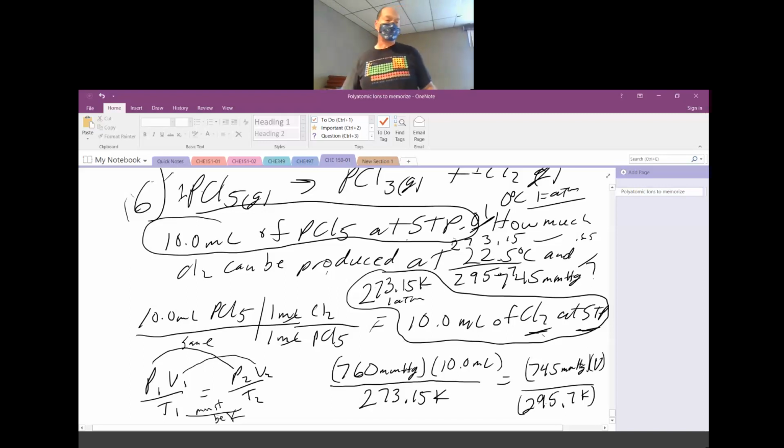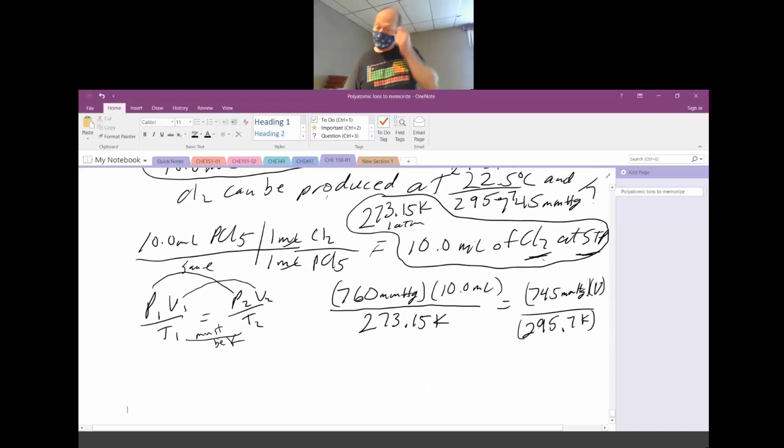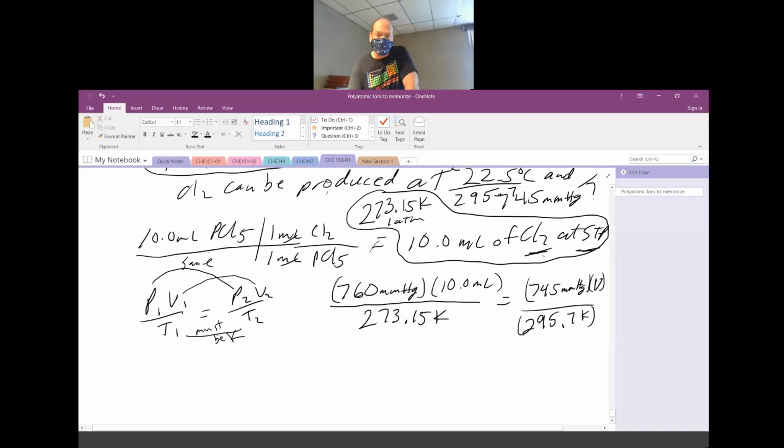Again, the pressure and the volume just have to be the same units. Temperature must be in Kelvin. So we have to multiply both sides by 295.7, and divide both sides by 745 millimeters of mercury. Then you see the millimeters of mercury cancel, the Kelvin cancels, and we are left with milliliters.